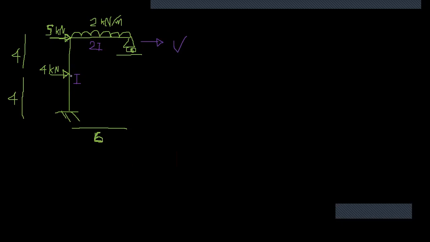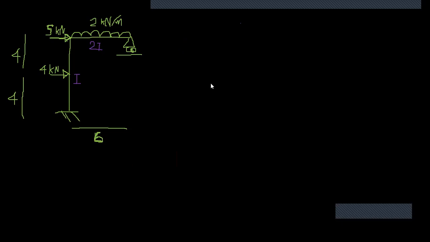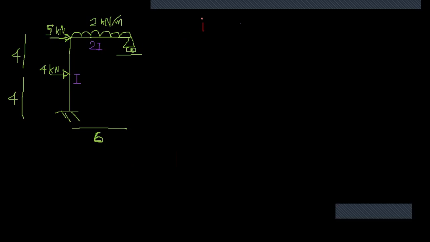And the members are also asymmetric in I, right? So definitely this is a sway frame, right? So what you can do is first we need to make it non-sway.